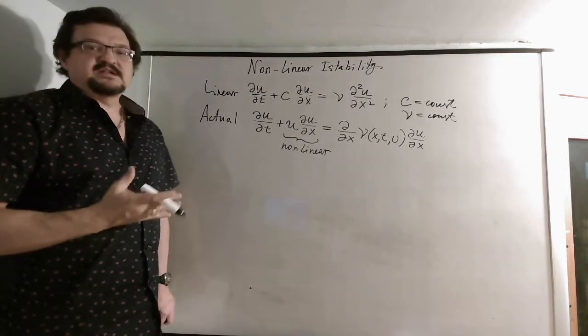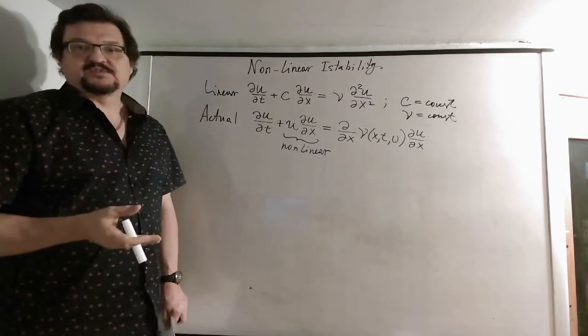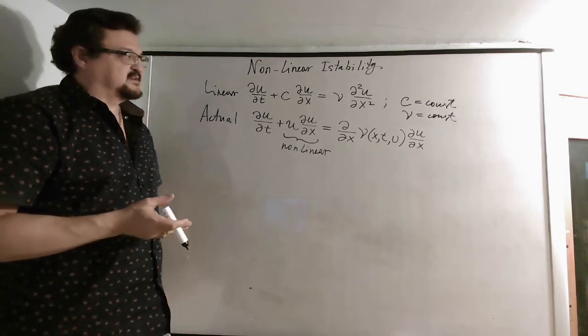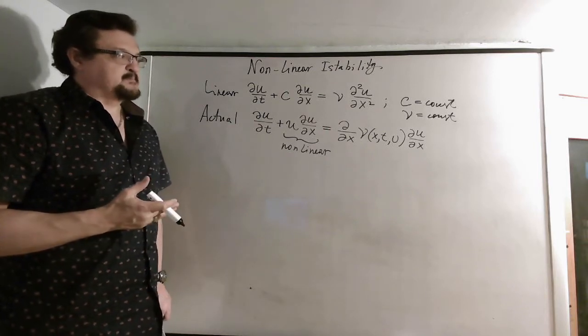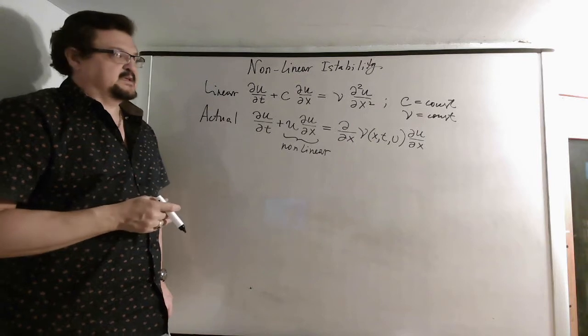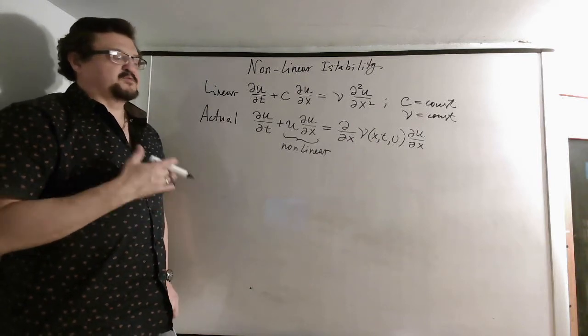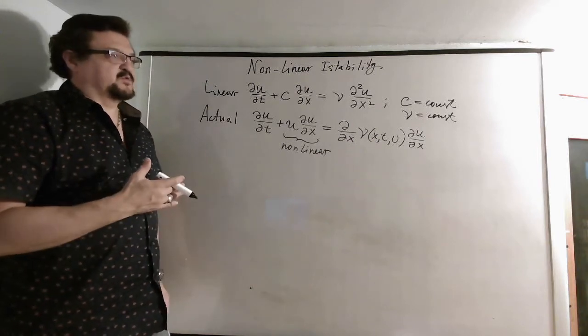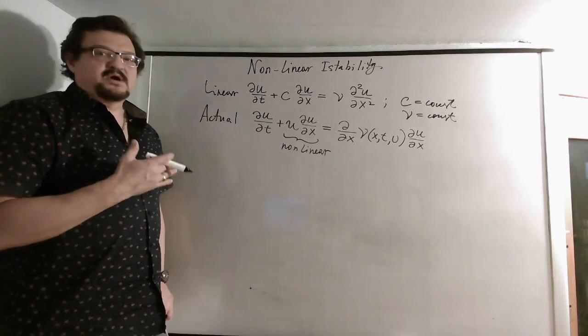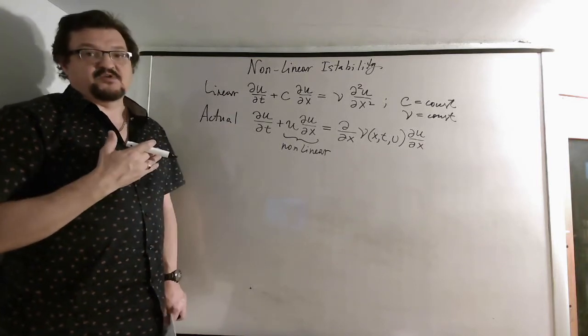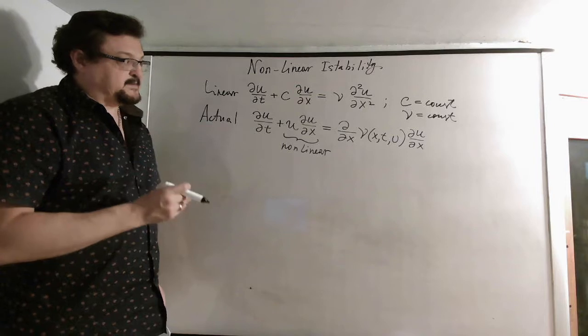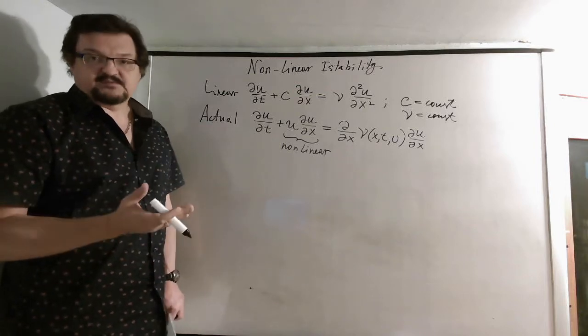And generally, we can't use the von Neumann stability method in this case, because for von Neumann to work, we want our solution to be a superposition of Fourier harmonics, and those harmonics don't interact with each other.